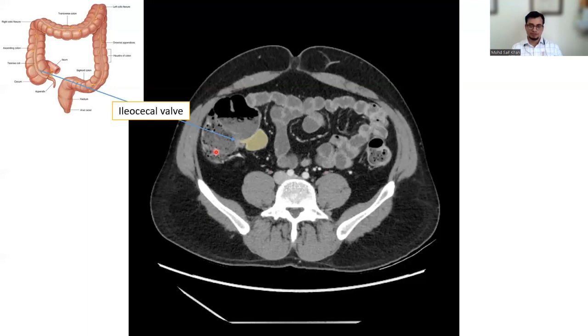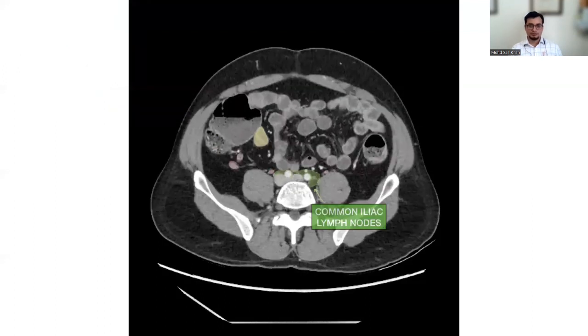It has an important function, and sometimes if it is not working properly, it can give rise to a lot of problems, which can be called ileocecal valve syndrome. This valve may become incompetent, leading to reflux of undigested food back to the small bowel, and that can cause small bowel enlargement.